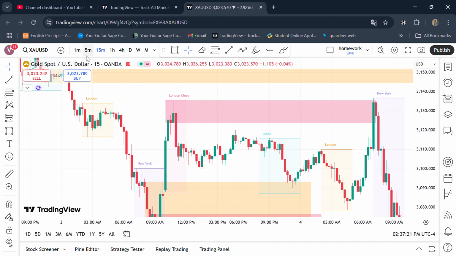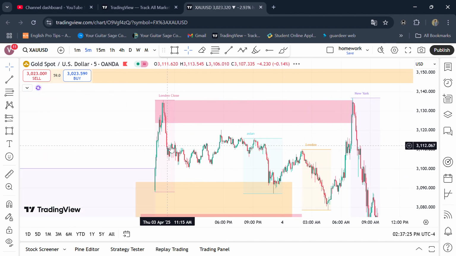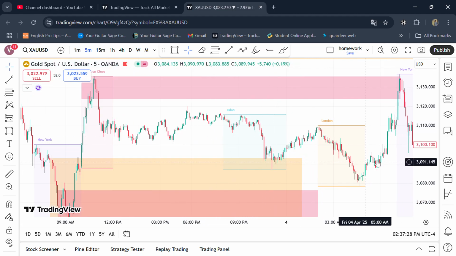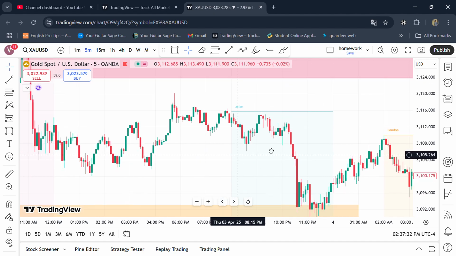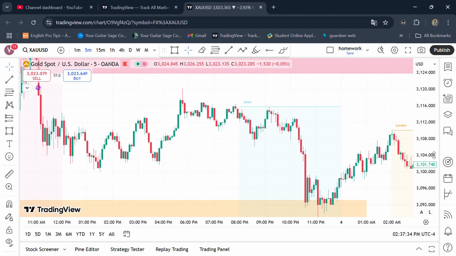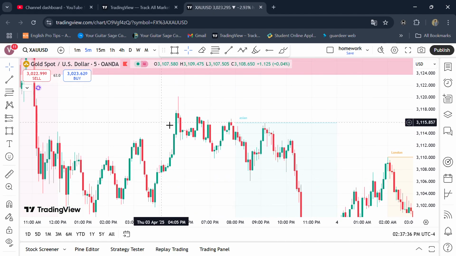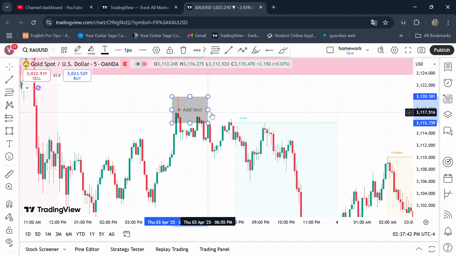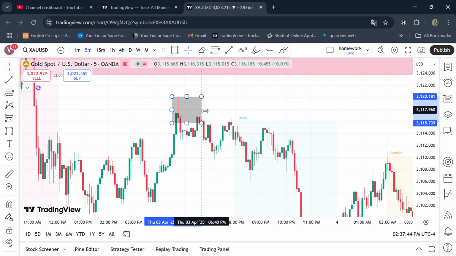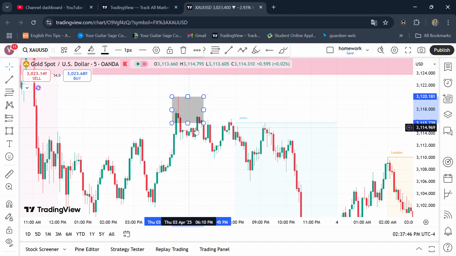Next, let's go to 5-minute time frame and see what has happened. On a 5-minute time frame, you'll see this POI was tapped. We'll mark it in black. So this POI was tapped.